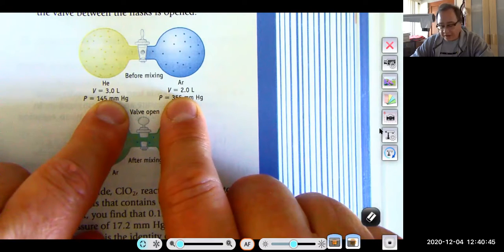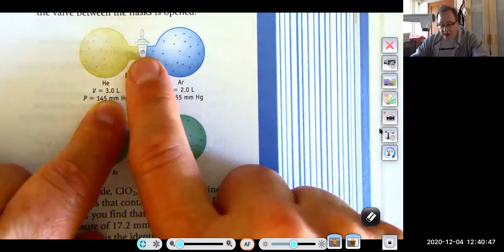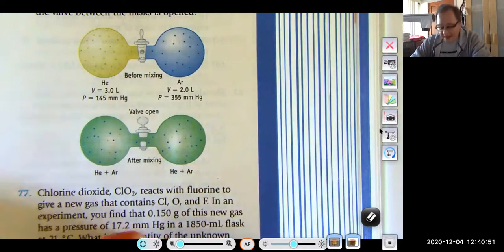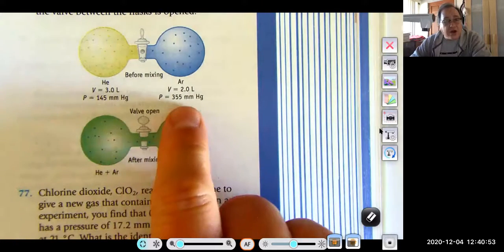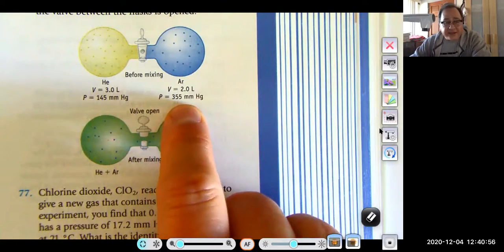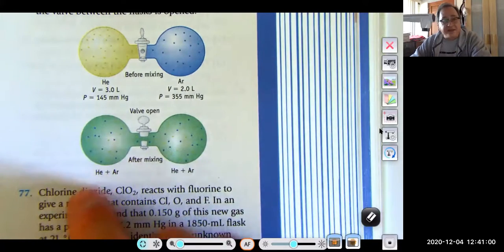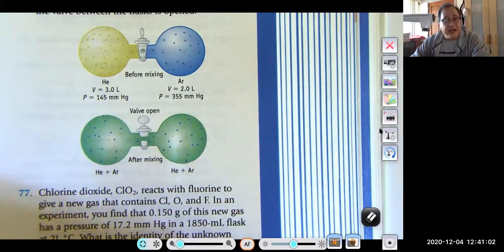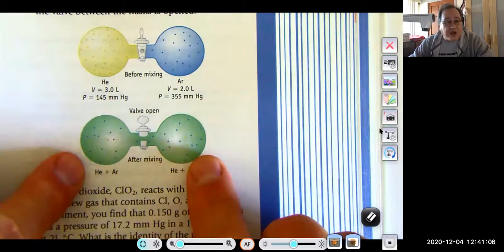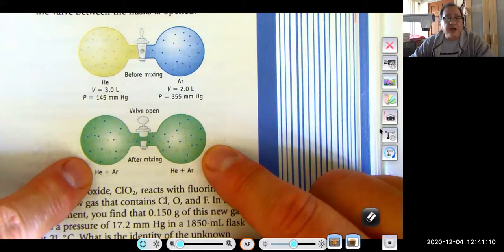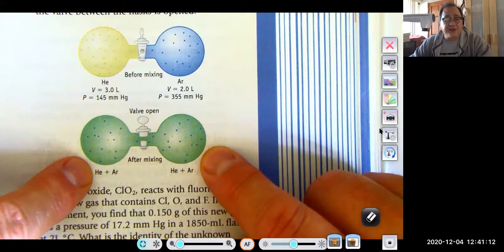Nonetheless, when you open the stopcock, the gases mix. And the question is what is the pressure of the argon gas after they mix? And what is the pressure of the helium gas after they mix? And then what is the total pressure? Because this is a Dalton's law thing where the total pressure is equal to the pressure of helium plus the pressure of argon.